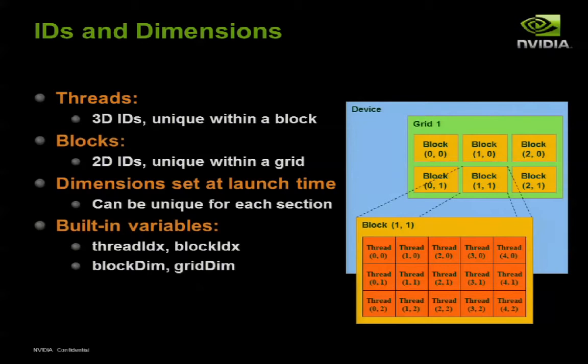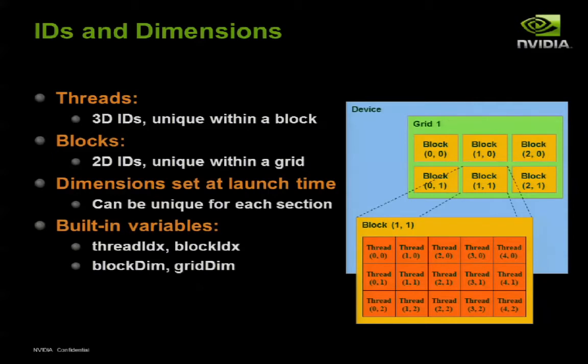So it might be easier for you to write the code using 2D thread indices instead of 1D thread indices. On the other hand, if you're working just on linear arrays, it might be easier to just use 1D thread indices within a block and have a 1D grid of blocks. So that's really problem dependent.